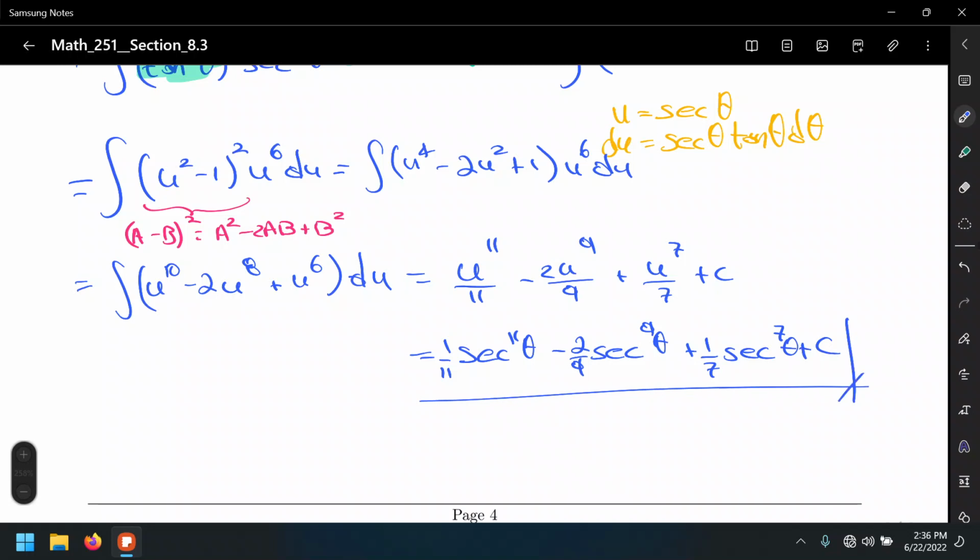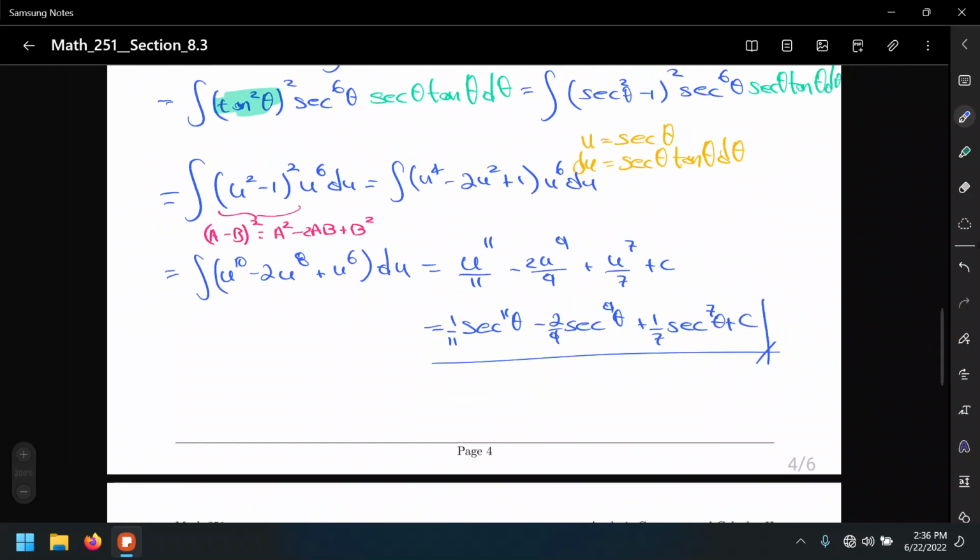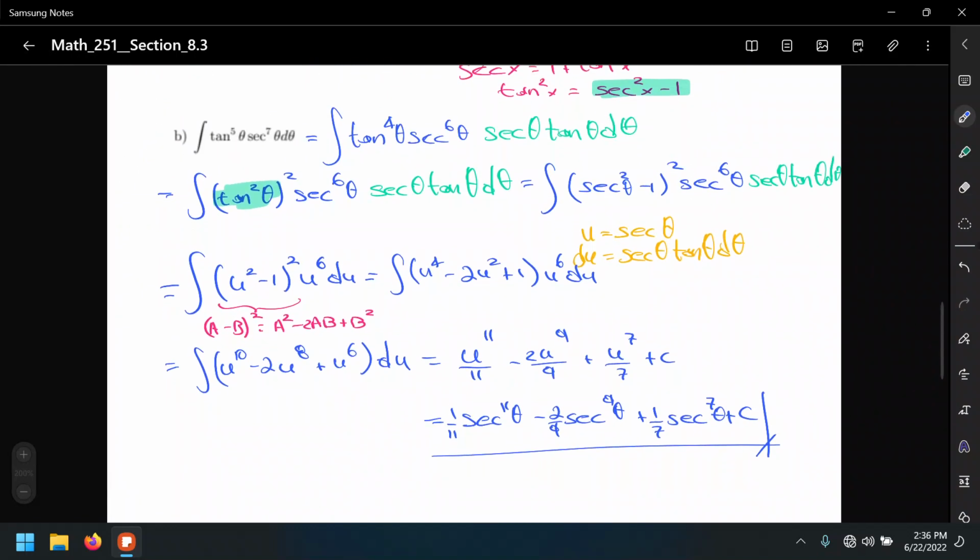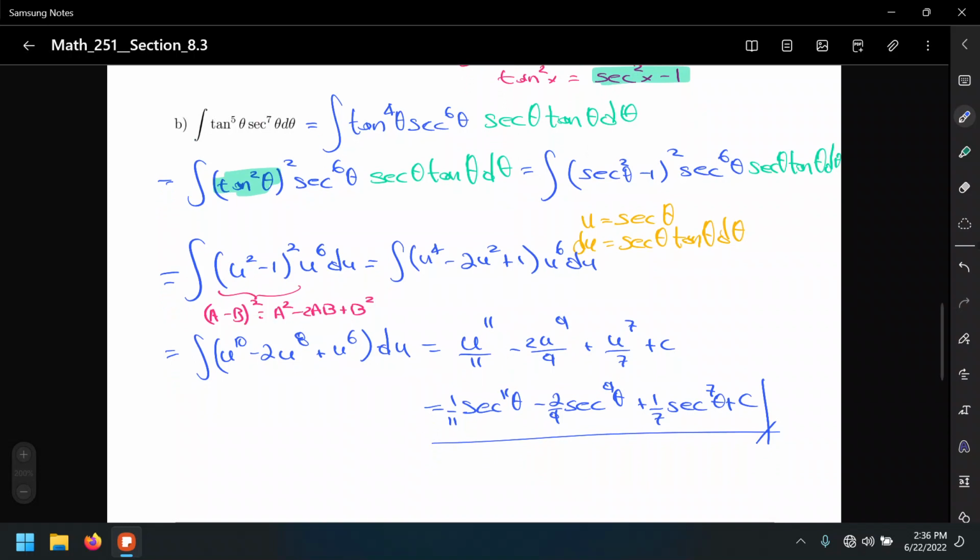All right. Any questions about this exercise? I'll leave it here so you can see the whole problem in case you missed anything.